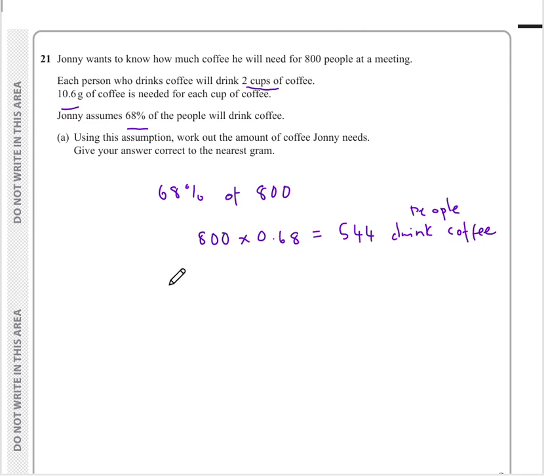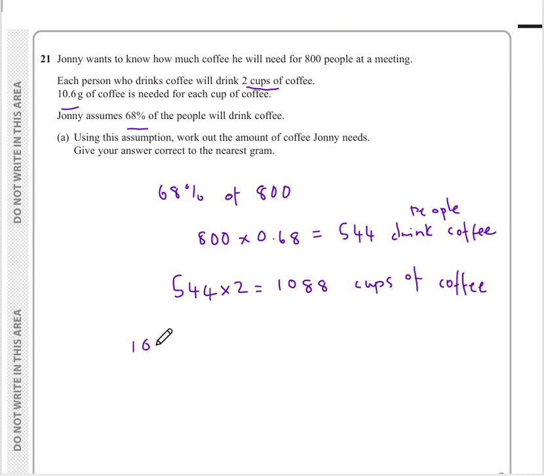Each person will drink 2 cups, so 544 times 2. It's going to give us 1,088 cups of coffee. It's always useful to write this down, keep track of where we are, what we're working out. So we've got that many cups of coffee. We know how many grams of coffee is needed for each cup.